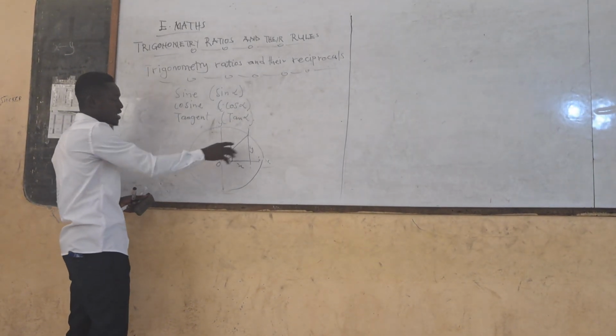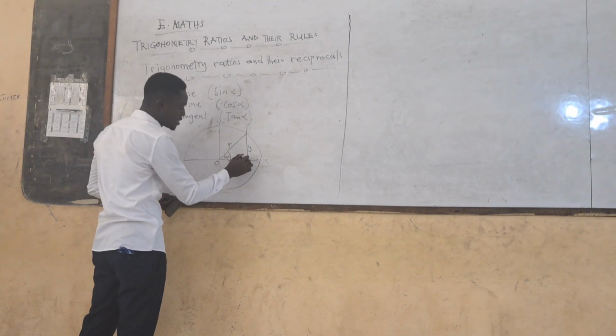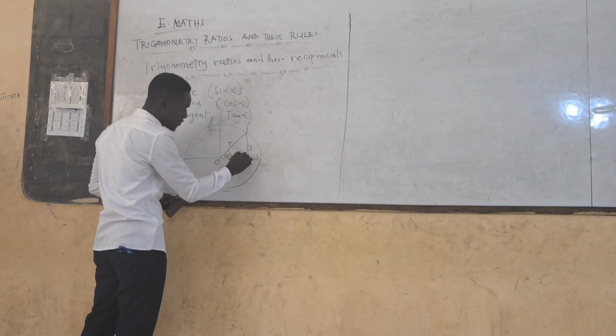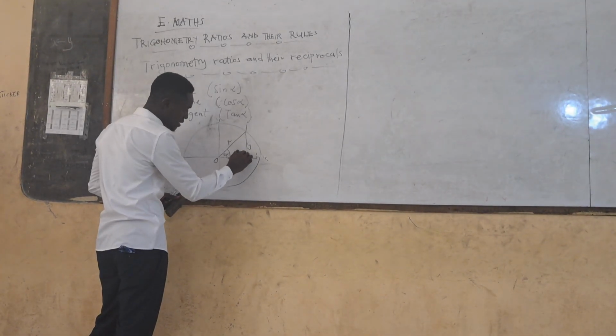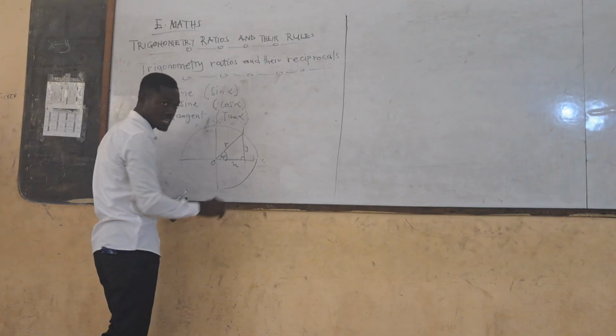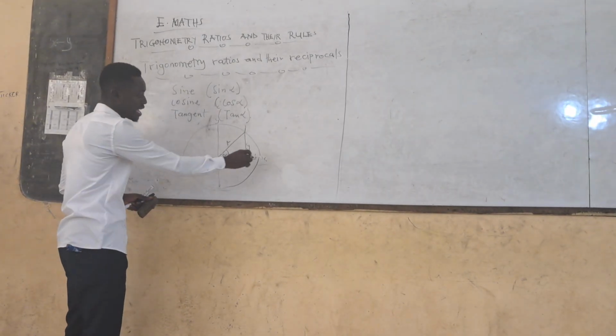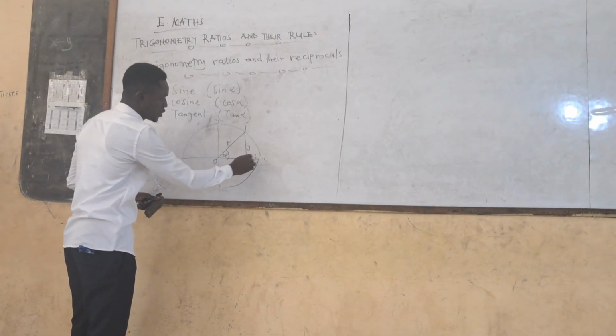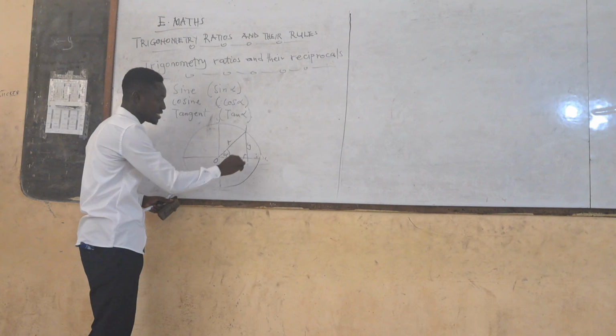Now, we have a triangle here, in which this side forms a perpendicular to the baseline x, so it's forming 90 degrees.